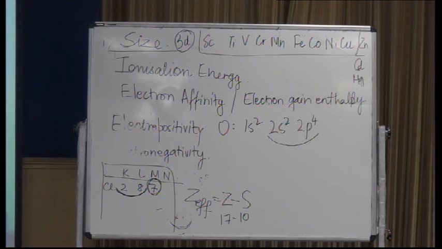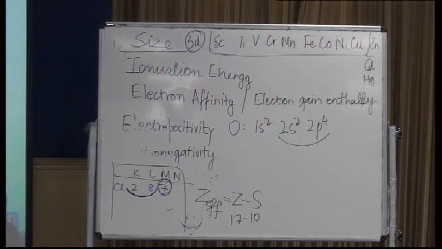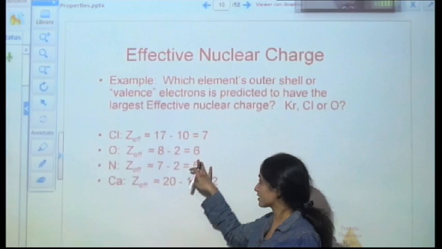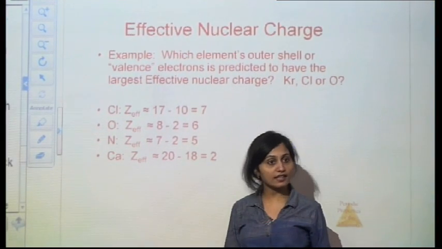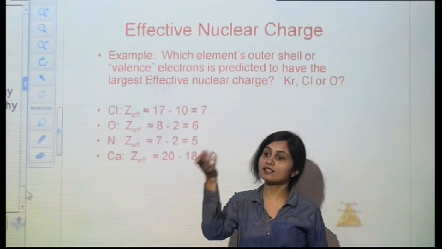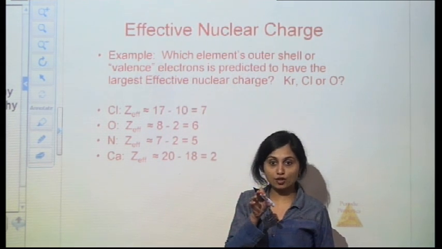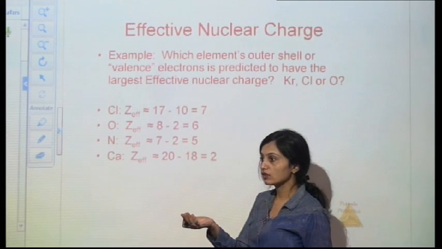For nitrogen similarly you can calculate, and this equivalent sign means that we are not taking exactly the screening constant but rather equivalent, approximate values. So that is why it is 8 minus 2, that is equal to 6, and here for nitrogen it will be 7 minus again 2, or you can take the noble gas atomic number which is less than that number. जैसे मर्जी समझ लो उसको, समझ में आया?